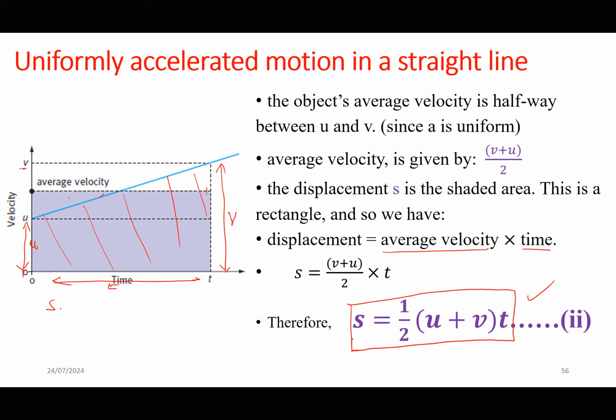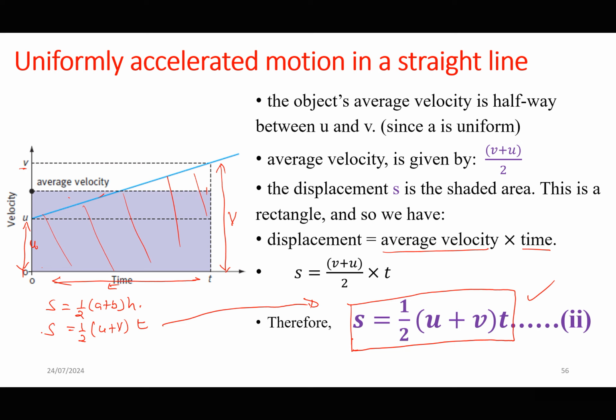So the displacement is the area under the line, which is a trapezium, and the area of a trapezium is a half into A plus B times H. So this will be a half, A is u, B is v, and H is t, which automatically gives us that simple equation for the displacement.